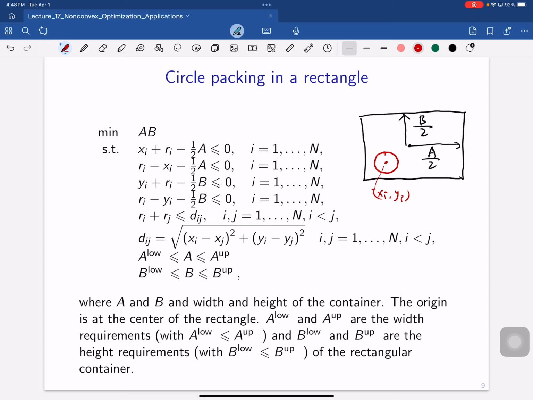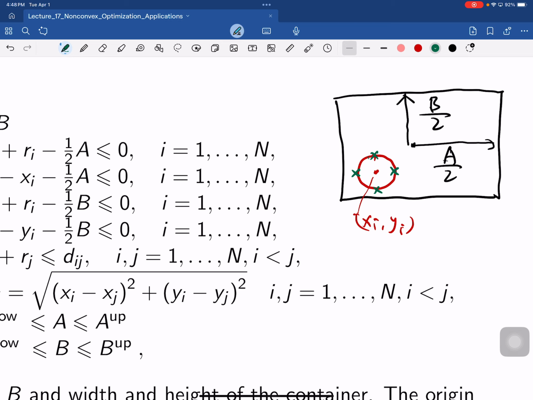So it is easy to see that in order for the circle to stay within the rectangle, we only need to make sure the 4 points, 4 orthogonal points, let's say this point, this, and this. Right? As long as these 4 points stay within the rectangle, the circle stays within the rectangle, right? Because of the symmetry and the way the shape works. Okay, so how do we make sure these 4 points stay within the rectangle? Right? So let's say this rightmost point. The x coordinate is xi, right?